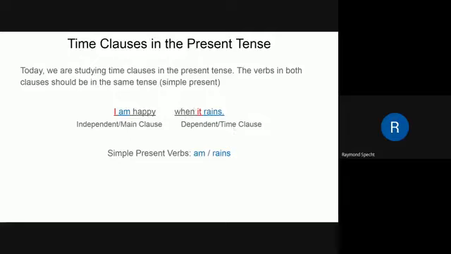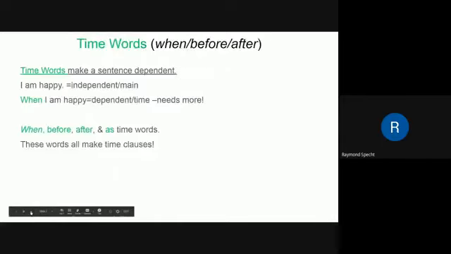And what's our key here? The time word when. Simple present verbs: am, rains. All right, so both of our verbs need to be in the same simple present tense. Don't forget this. And again, I'll give you 1 minute to read over this before we talk about it.